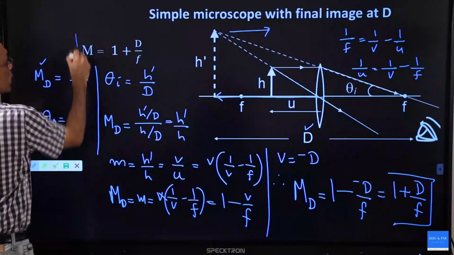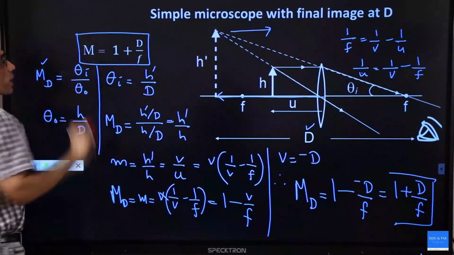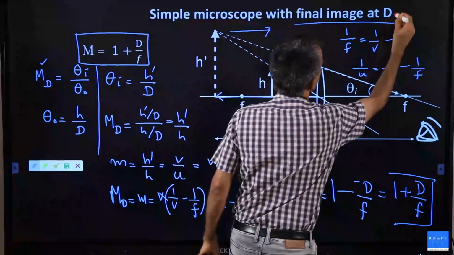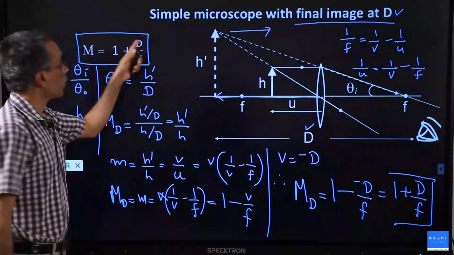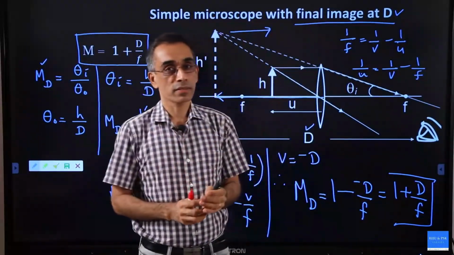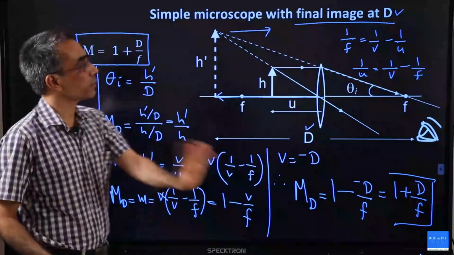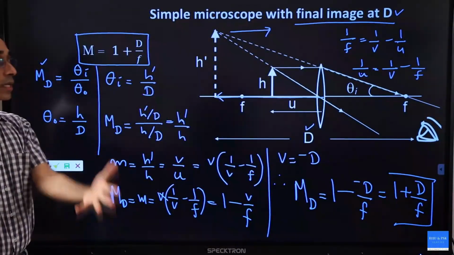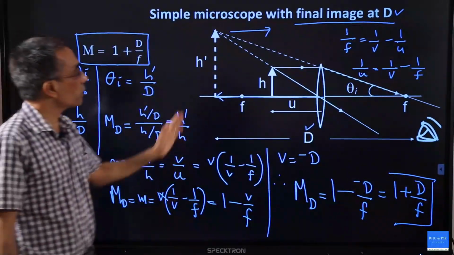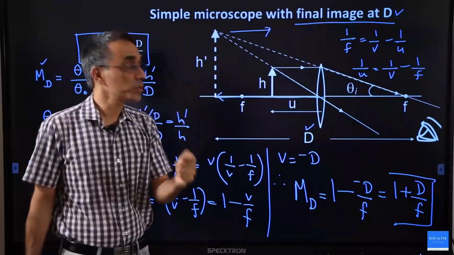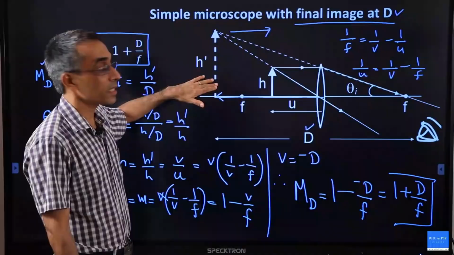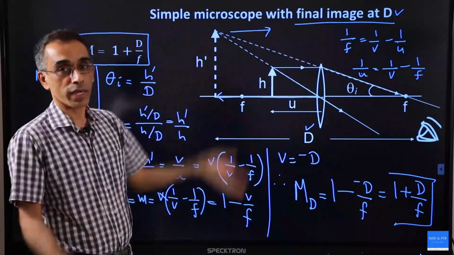Magnifying power, angular magnification of a simple microscope when the final image is at d is given by 1 plus d by f. I told you at d it is the largest size. So what is the largest magnification produced by a simple microscope? Largest magnification is given by 1 plus d by f. Where is the final image? Final image is at d. Where is the object? It is within the focal length. What is the nature of the image? It is erect, virtual, and magnified.